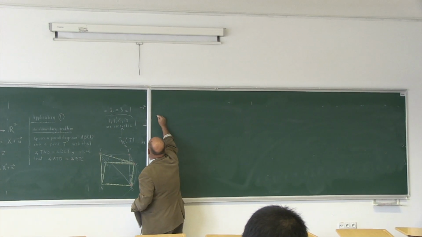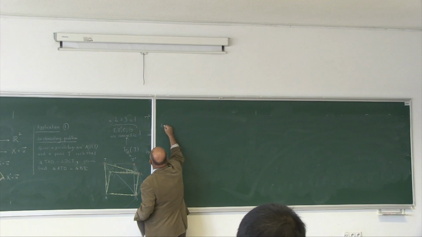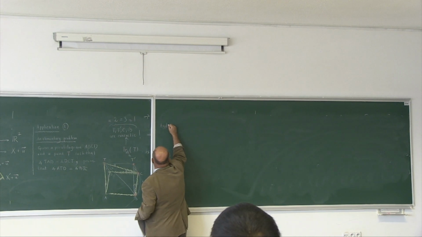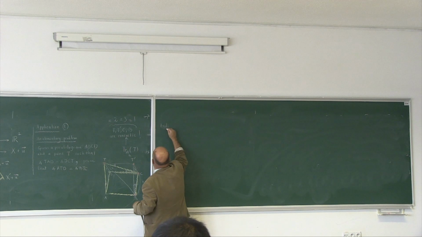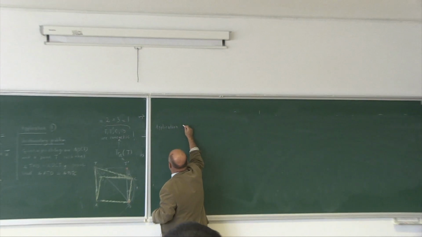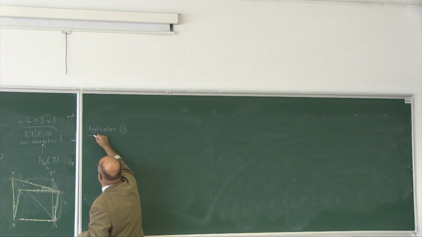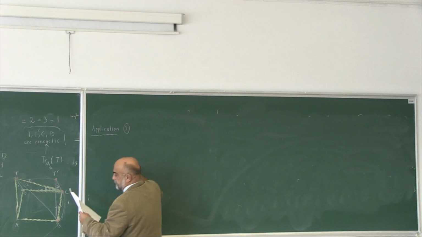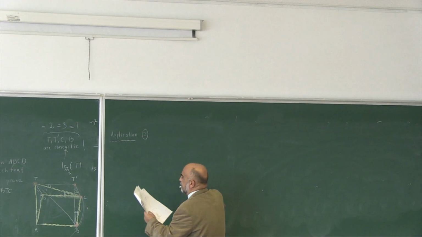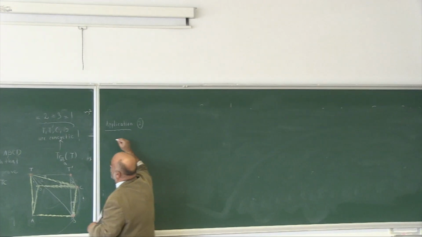So let's say this is application 2. You can make a drama out of it. It's in fact a simple problem of geometry. The problem is simple, the solution is not quite apparent. Okay, here is the thing. Let's assume that this is the bridge.